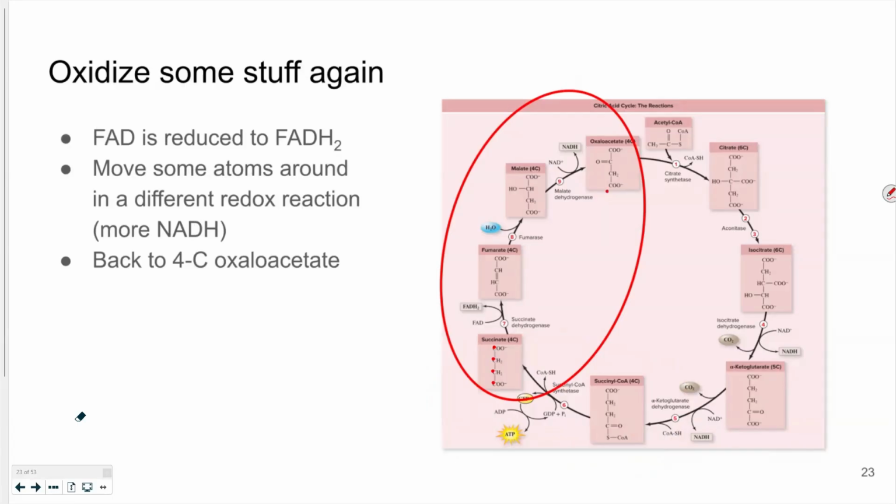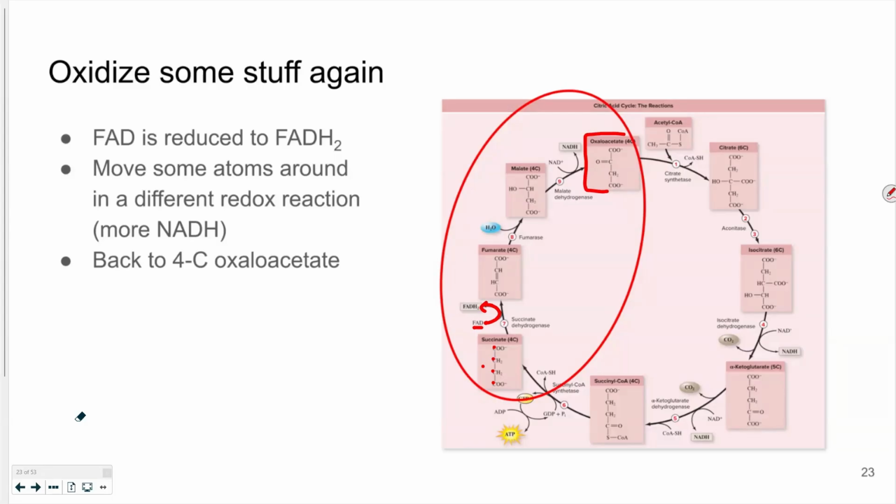Eventually we need to rearrange those atoms so that we can get back to oxaloacetate and continue the cycle. As we move around atoms, we are going to transfer those electrons. We're going to reduce FAD, another electron carrier that does a similar job to NAD+ and NADH.